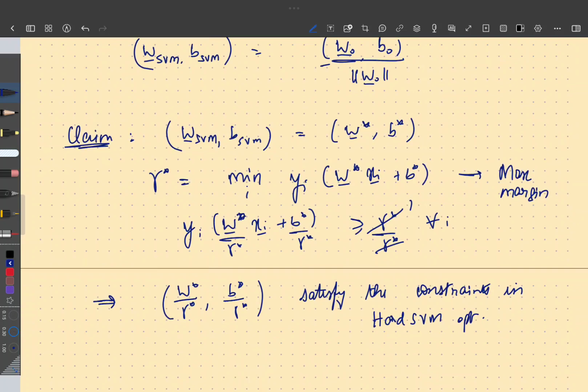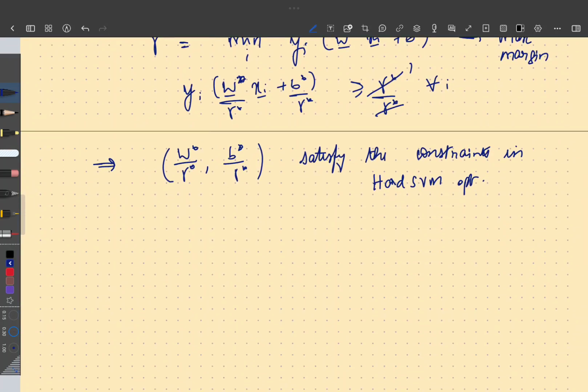Okay, so it satisfies the constraints in the Hard-SVM optimization problem, and therefore the norm of W0 has to be less than or equal to the norm of W star by gamma star.